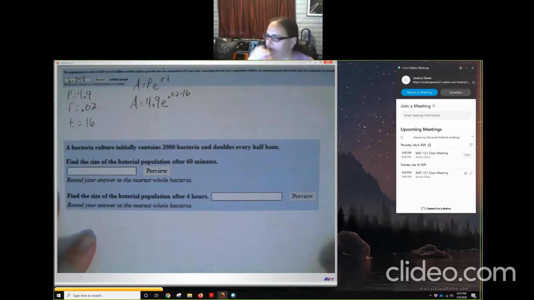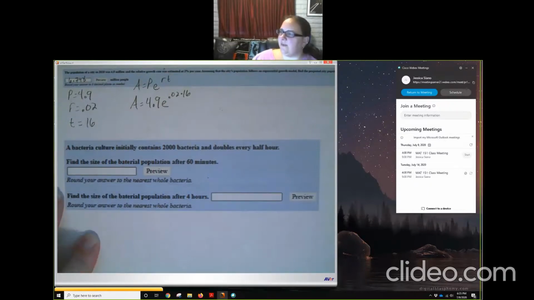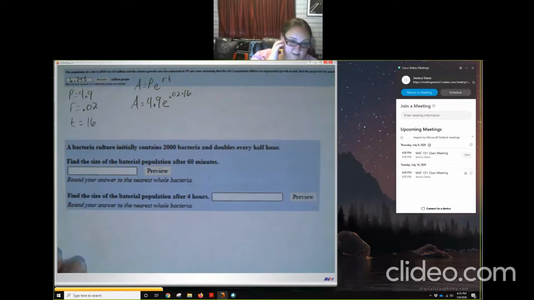Okay. A bacterial culture initially contains 2,000 bacteria and doubles every half an hour. Find the size of the bacterial culture after 60 minutes. We could absolutely do what we did before for doubling and find a rate.